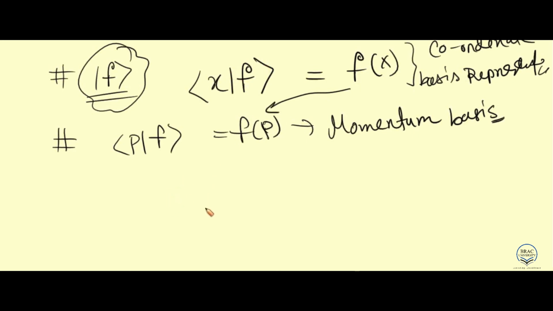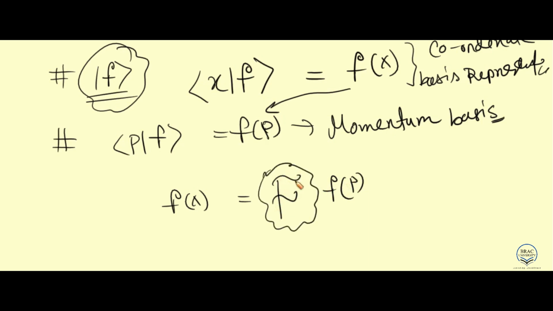For example, if you take this f of x and you want to write it in terms of f of p, there is something called a Fourier transformation. I am not showing you the Fourier integral, but this Fourier transformation, denoted by some curly F, will act on it, it will kill all the p's. That means it will integrate over all the p's, and only x will be left, and the whole thing will turn into a function of x.